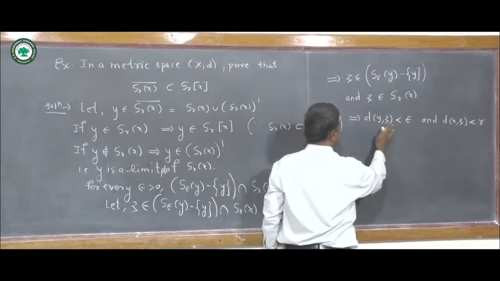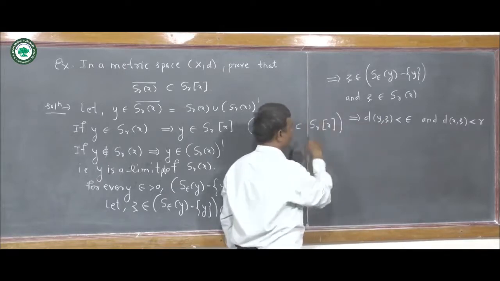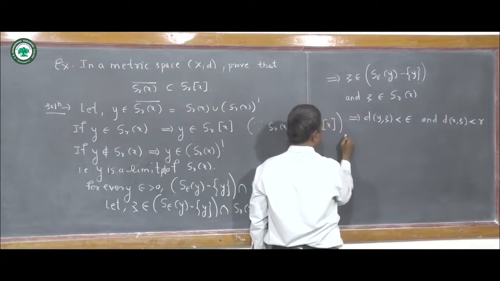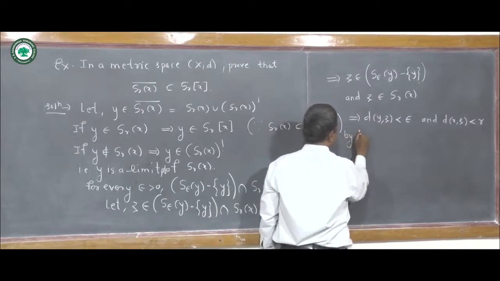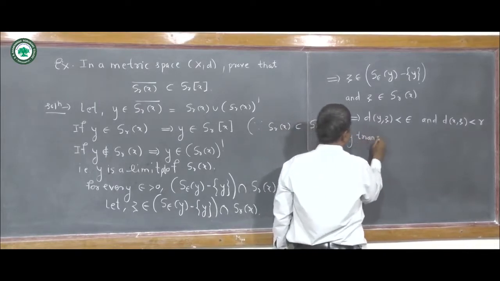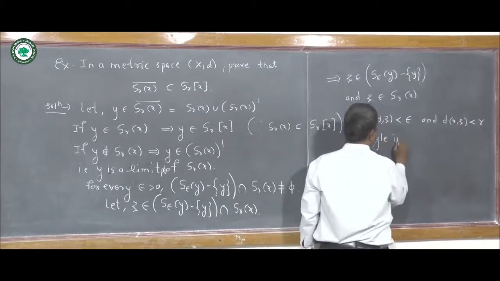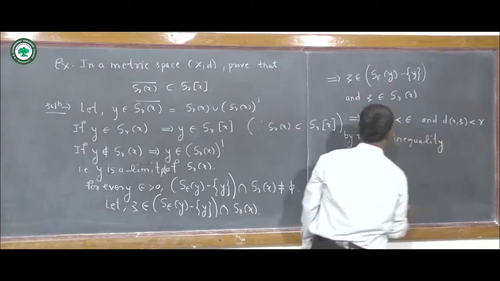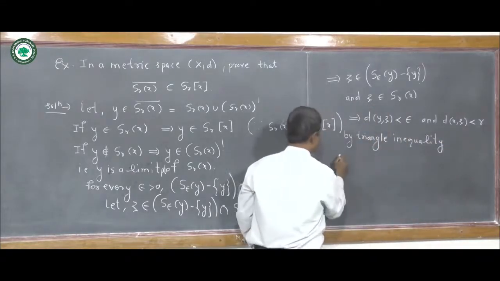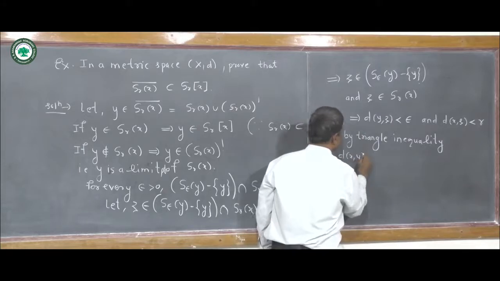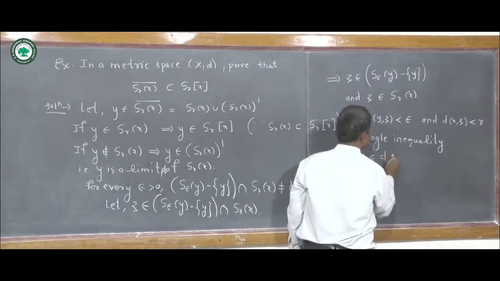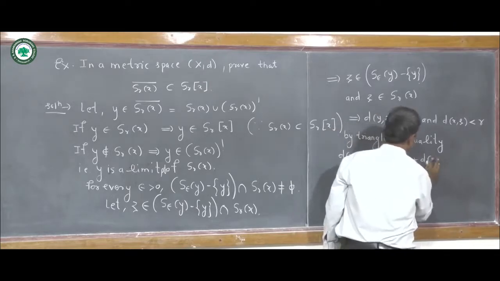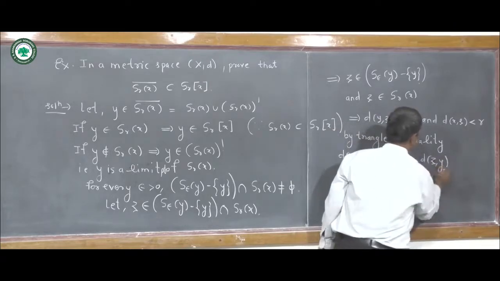Now we know that x, y, z are points of this set. So by using the triangle inequality, we write here: the distance between x and y is less than or equal to the distance between x and z plus the distance between z and y.